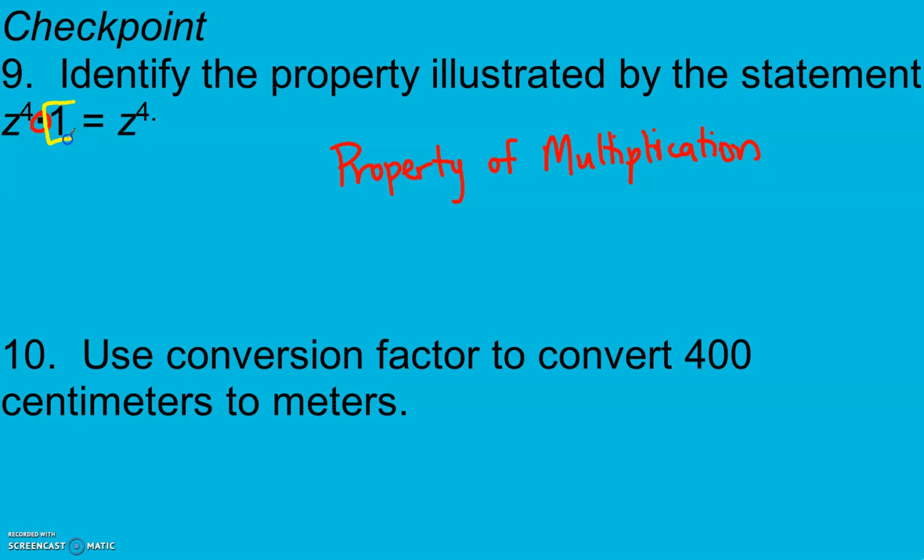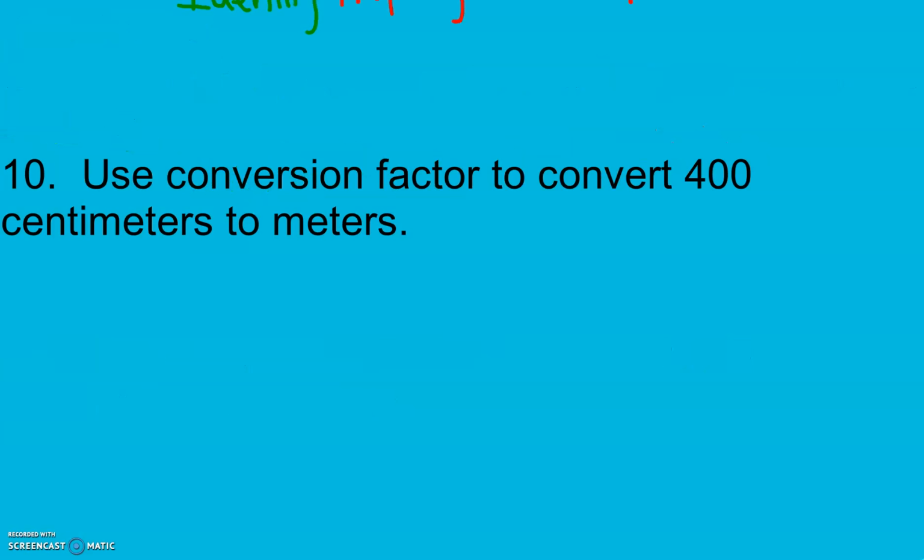It's being multiplied by 1, and I end up at z to the 4th power. So since I start and end in the identical place, this is going to be an identity property. Again, I multiplied by that multiplicative identity, 1, and I got my identity property. Again, feel free to pause here and give this a try if you'd like.